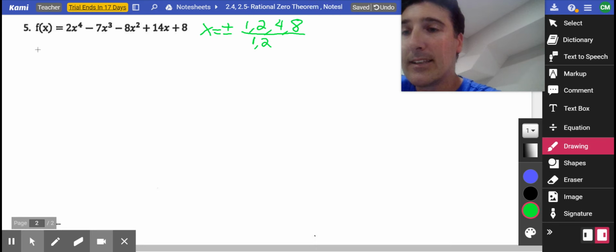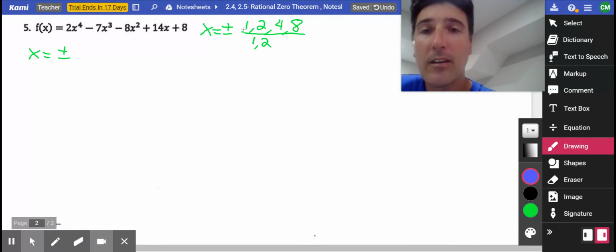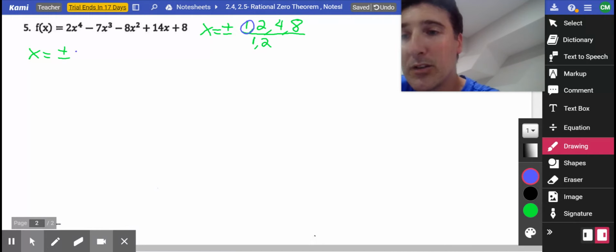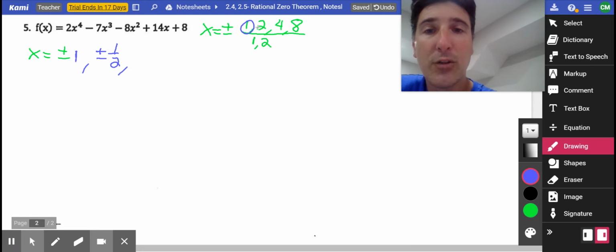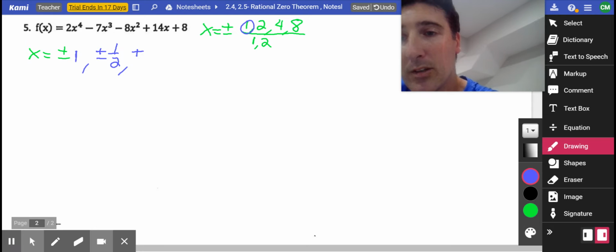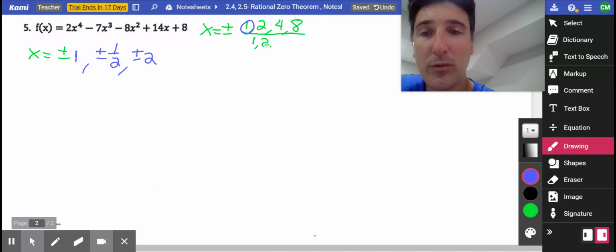All right, so if I listed these out, I'm going to have plus or minus. If I did 1 over 1, that's just 1. 1 over 2 is plus or minus 1/2. 2 over 1 is just plus or minus 2. 2 over 2 is 1, which is already on the list, so I'm done with these.